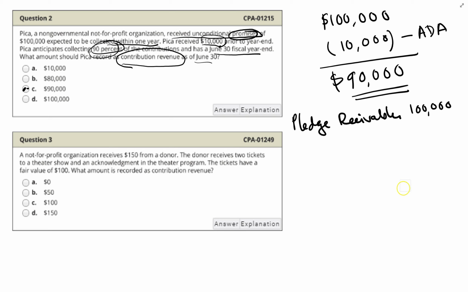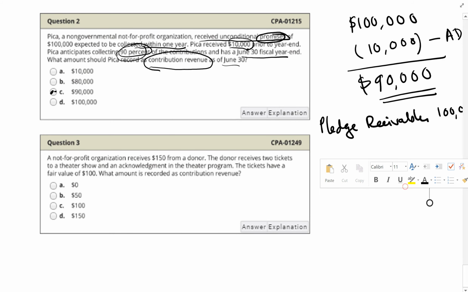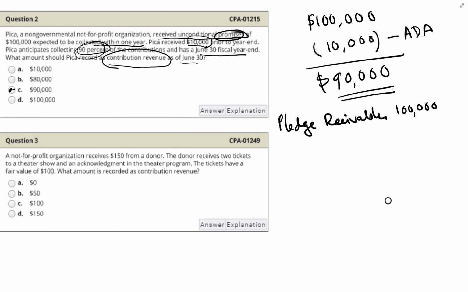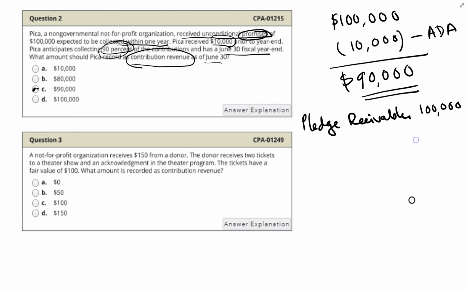So they have to reduce that portion from their pledge receivables, and they will be able to show these $90,000 as their contributed revenues.